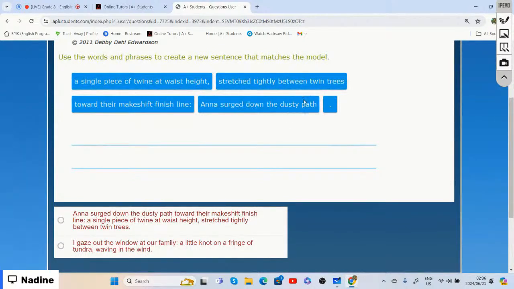So it's option one that says Anna surged down the dusty path towards the makeshift finish line, a single piece of twine at waist height stretched tightly between twin trees? Or is it I gaze at the window of family, a little knot on a fringe of tundra waving at the door? We need to choose the correct option.